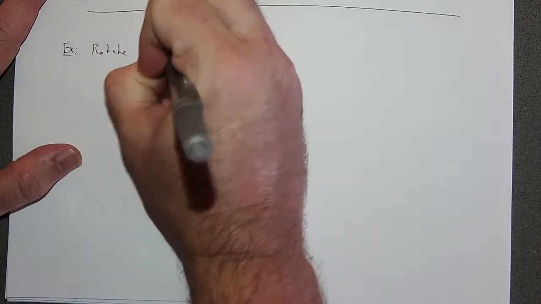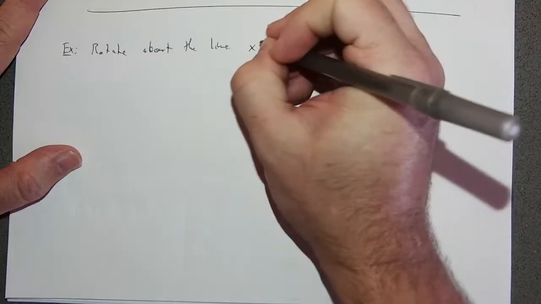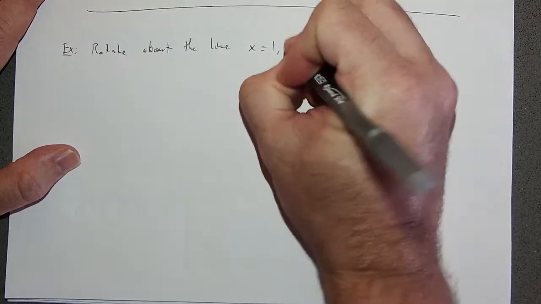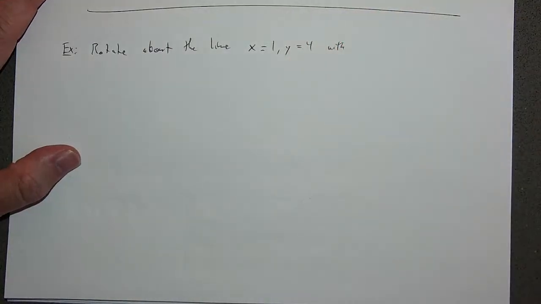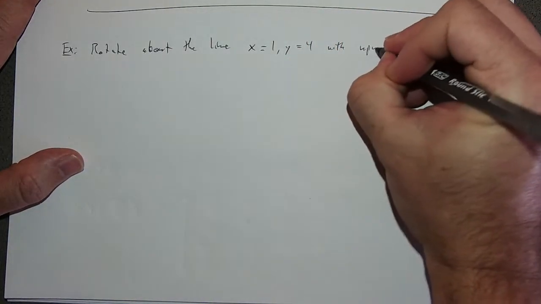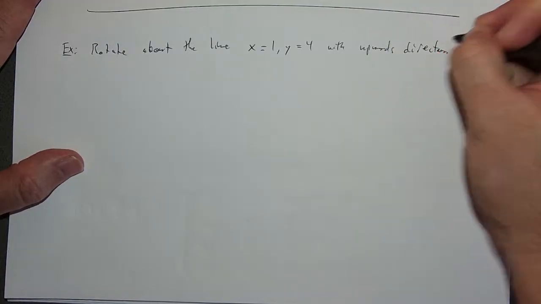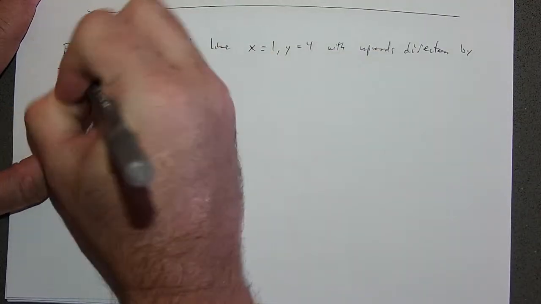Rotate about the line x equals 1, y equals 4, with upwards direction, by pi over 4 radians.